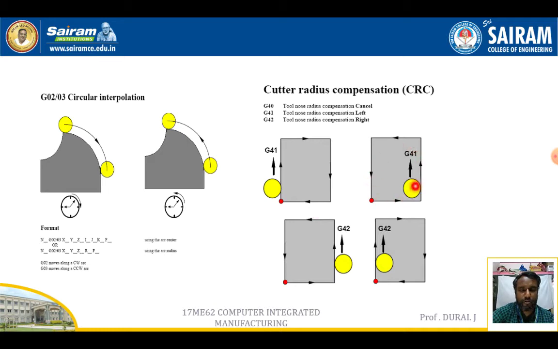Inside means G42. So this is like a cutter along with the axis. Take it as a center point and if it moves like this, that is G40, tool nose radius compensation cancel. So along the line, if it goes inside, that is G42, outside means G41.